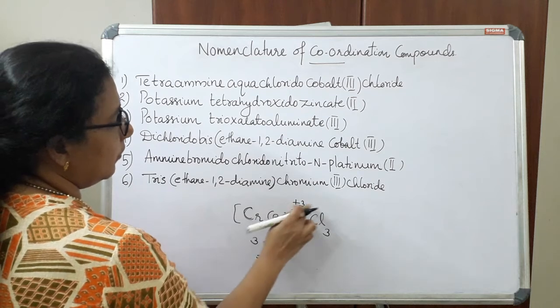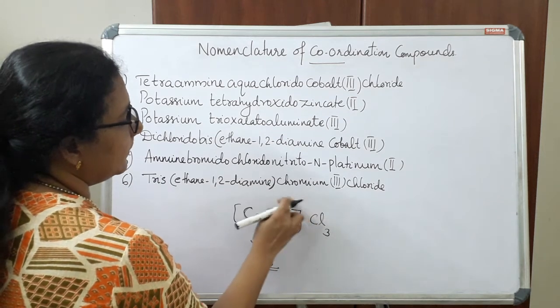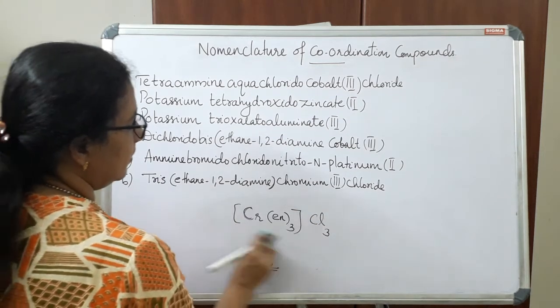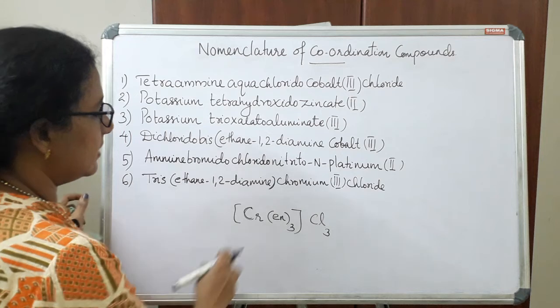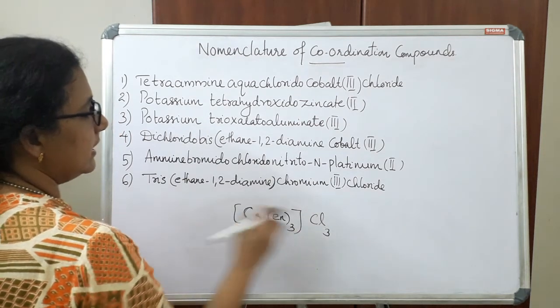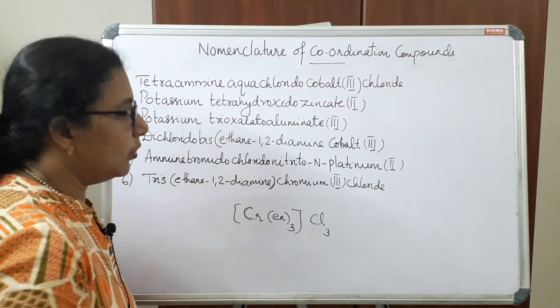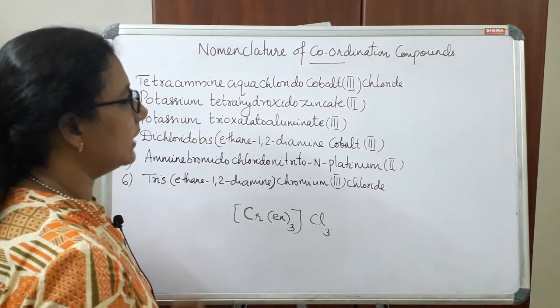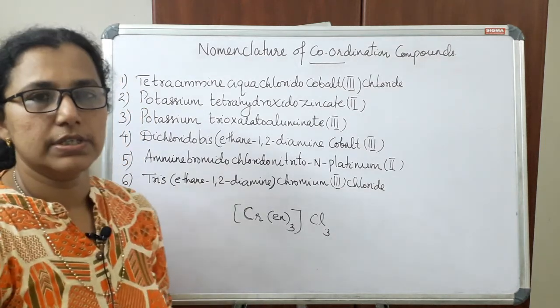So for writing the formula, since both the parts are here, the formula will be like this: Cr En thrice, then comes Cl3. So hope you understood how to write the formula of coordination compounds.